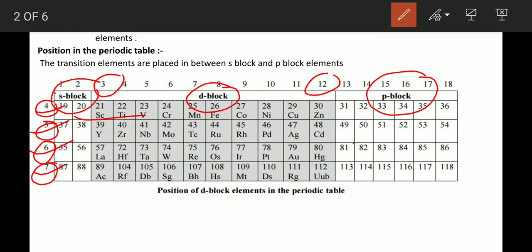So in total there are 4 series: the 3d series belongs to the 4th period, the 4d series belongs to the 5th period, the 5d series belongs to the 6th period and the 6d series belongs to the 7th period.